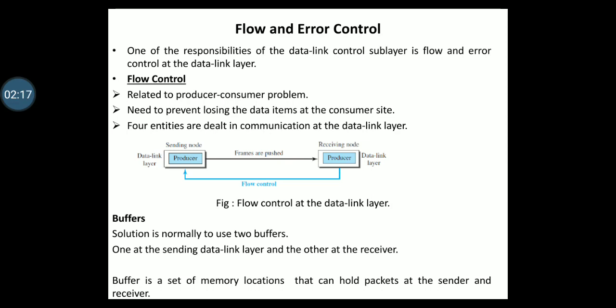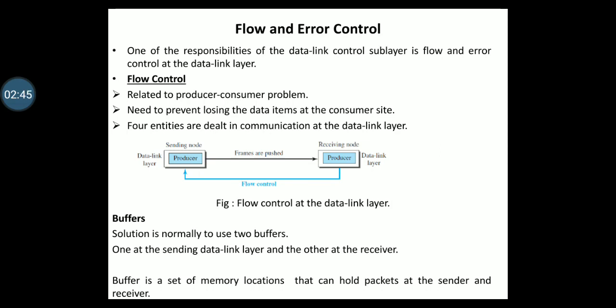This diagram shows flow control at the data link layer, with the producer at the sending end, the data link layers, and frames being pushed.